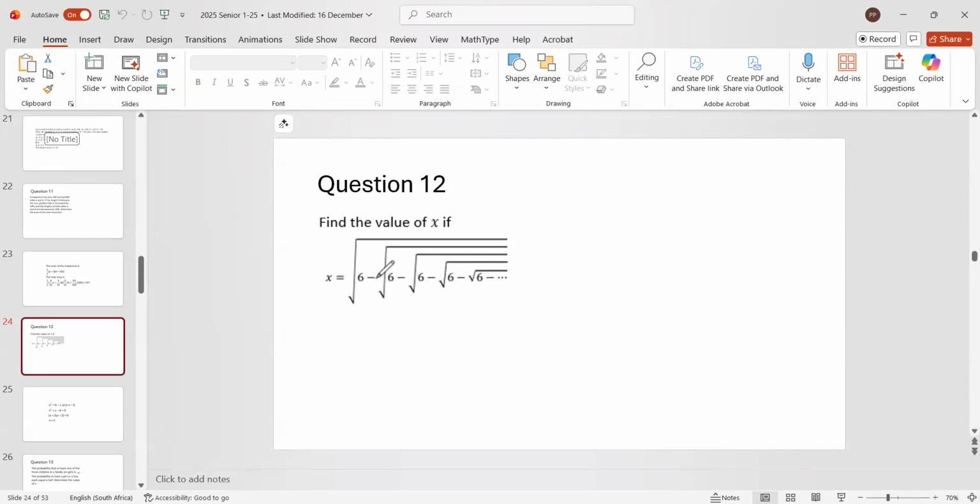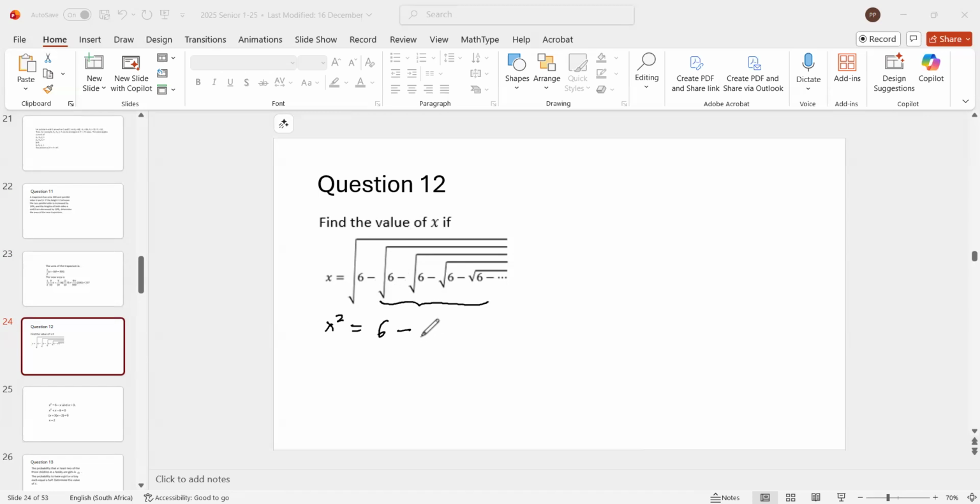The way to work it out is, well, you got a square root outside, so let's just get rid of the square root. You have x squared is equal to 6 minus. And now the outside square root is out. So what we've left is that part there, which is square root of 6 minus square root of 6 minus, and so on.